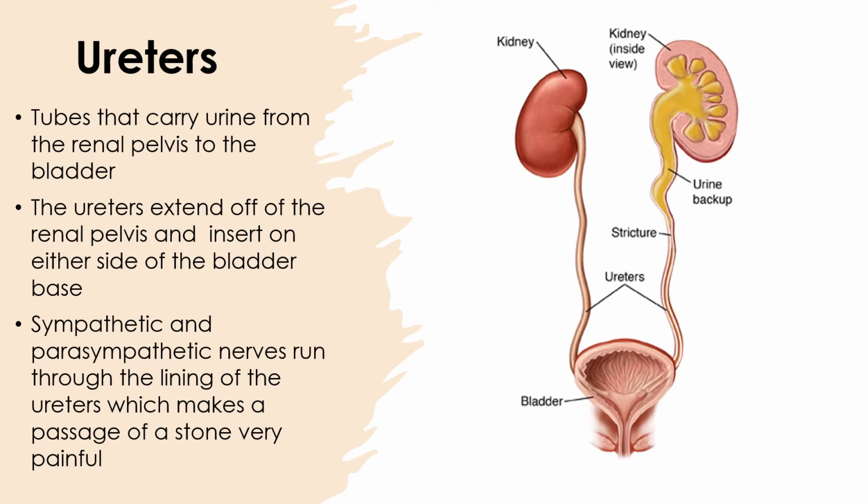So what helps me remember UPJ versus UVJ, just think of the alphabet. P comes before V, right? And P, the ureteropelvic junction, is higher and it's coming before the UVJ. So the ureteropelvic junction is up top.